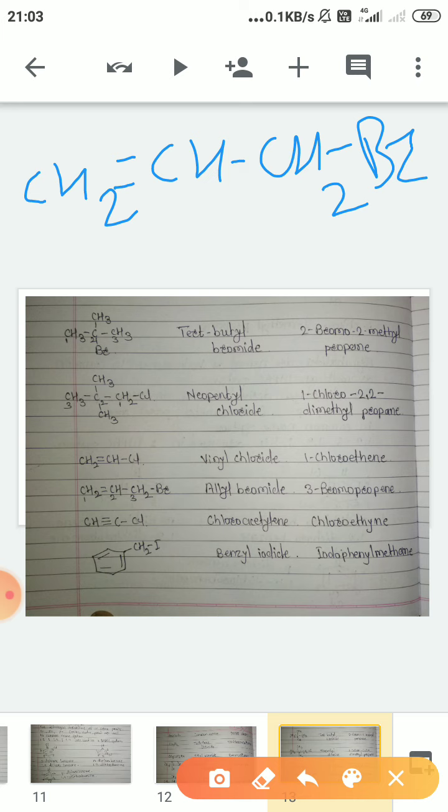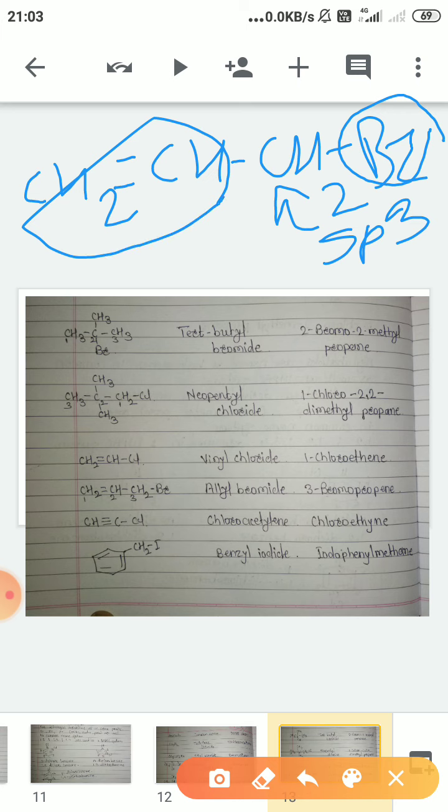Yesterday we saw that if the halogen atom is attached to an sp3 hybridized carbon atom next to a carbon-carbon double bond, or next to an alkene group, such compounds are called allyl halides. As it contains bromine, it is allyl bromide. Therefore the common name of this compound is allyl bromide.